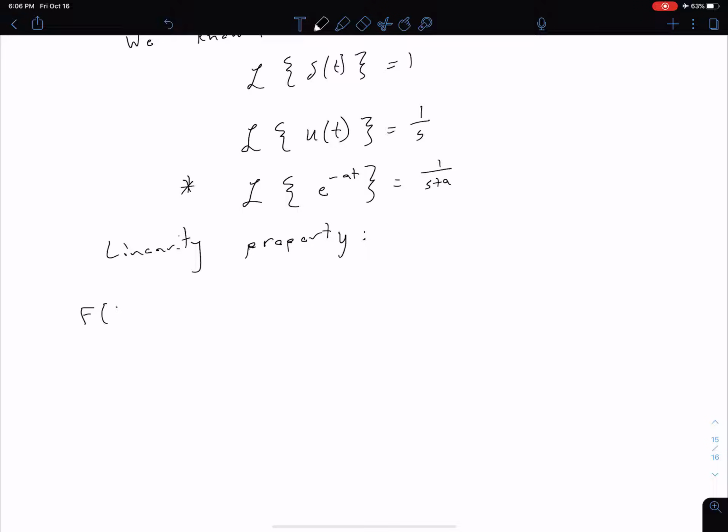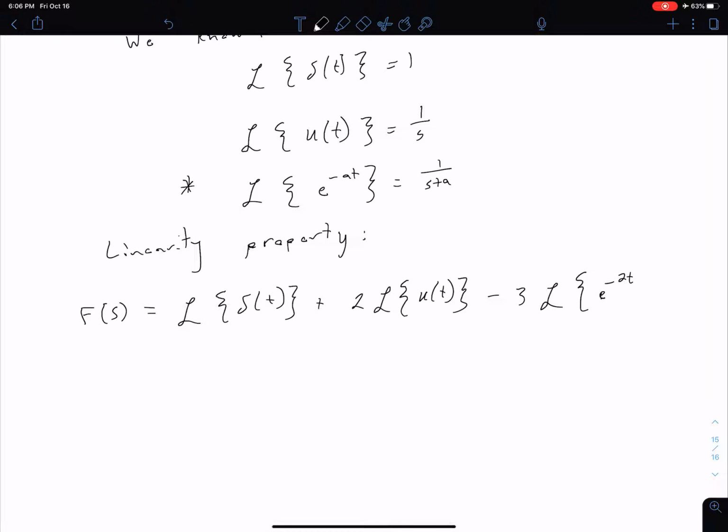So we can say then in general that our F of s is equal to the Laplace transform of our first function, which was just delta, plus 2 times the Laplace transform of our second function, which was our step function u of t, and then minus 3 times the Laplace transform of our e to the minus 2t times u of t.